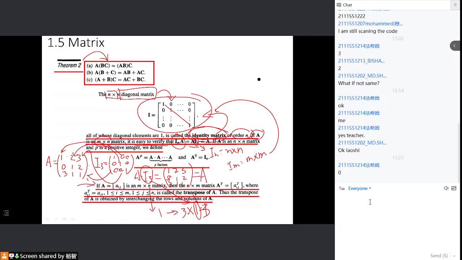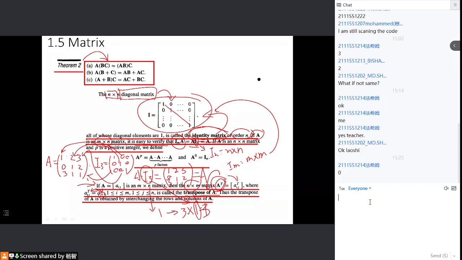Look at the last paragraph. If A is an m by n matrix and AT is an n by m matrix, then the ij element of AT equals the ji element of A. It means every element in AT is equal to the corresponding element of A. This AT we usually call the transpose matrix.